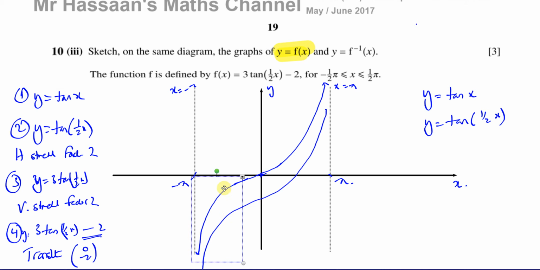Get rid of this part. Okay, so it looks something like this between minus pi and pi.